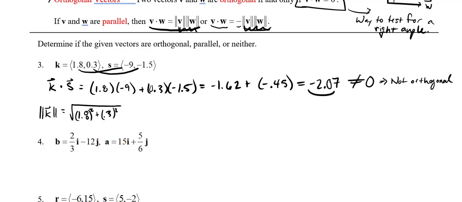1.8 squared plus 0.3 squared. I get that this is the root of 3.33. And when I compute the magnitude of S, that's -9 squared plus -1.5 squared. When I do this on a calculator, I get 81 plus 1.5 squared, 83.25 inside the root.